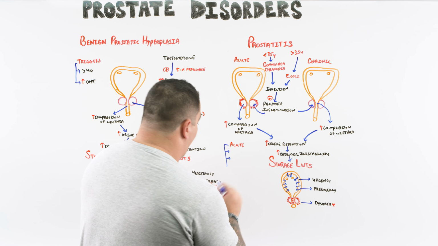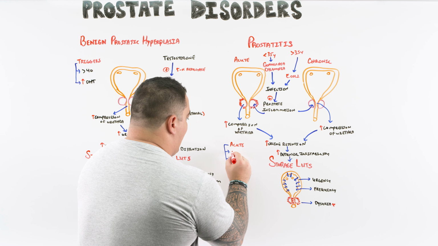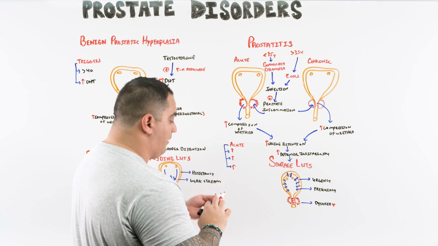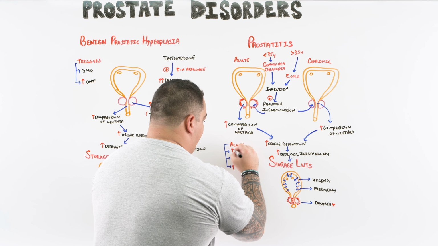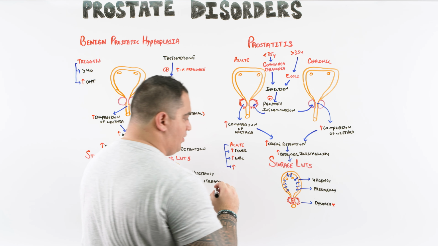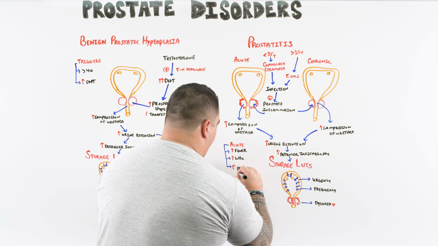So you'll have three particular things that will separate it from chronic. One is a high fever, an increased white blood cell count, so a leukocytosis, and an increase in pelvic pain, usually around the perianal area.